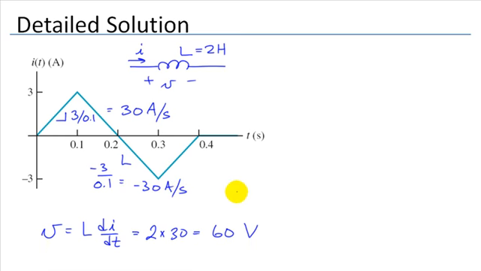Or we say now that we have a time rate of change of minus 30 amps per second. In this last section, the slope is the same, 30 amps per second.